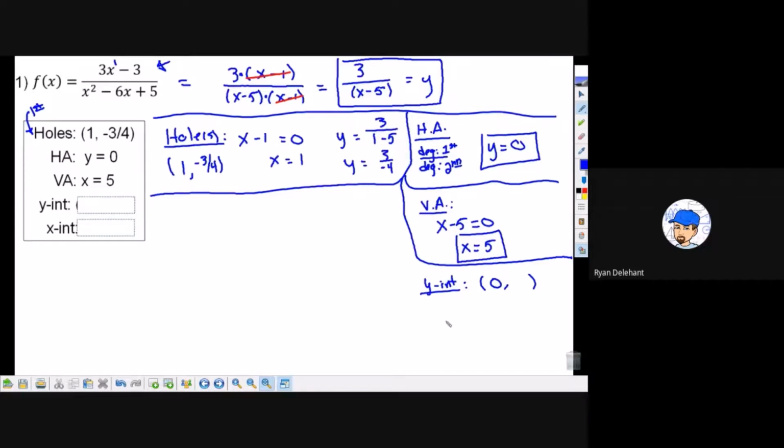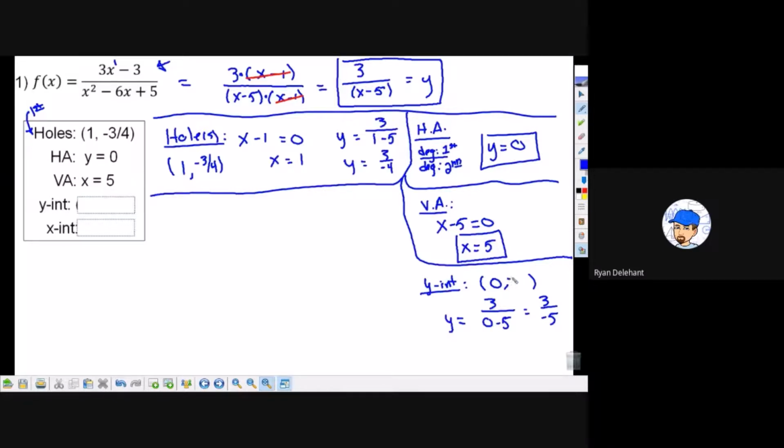So to figure out what the y-intercept is, we're going to plug in that 0 for x and evaluate what's left over here. So this is 3 over -5. You can leave these things as fractions. If they come out as nice decimals, like 0.25 and 0.4 and stuff, you can obviously do that.